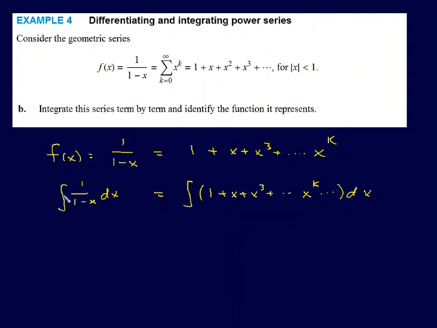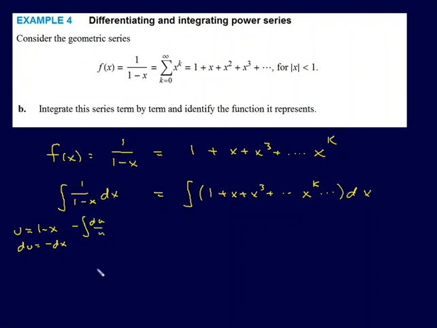Okay, so on the left side, to find out what function this new power series is representing, let's just integrate this the usual way. You might want to think in terms of a u substitution. U could be 1 minus x, du is negative dx. So this really is going to be negative du over u.